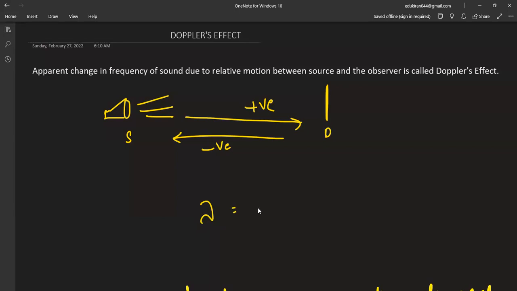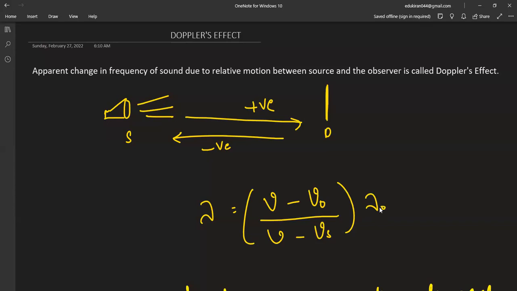Apparent frequency is calculated by velocity, this is the velocity of air minus velocity of observer, divided by velocity of air minus velocity of source, and the original frequency of the source.